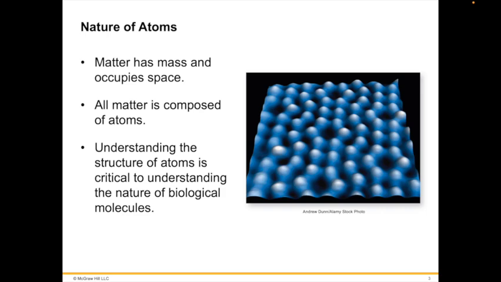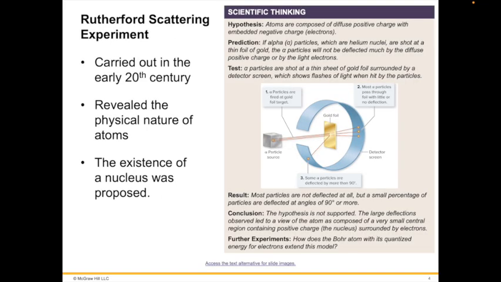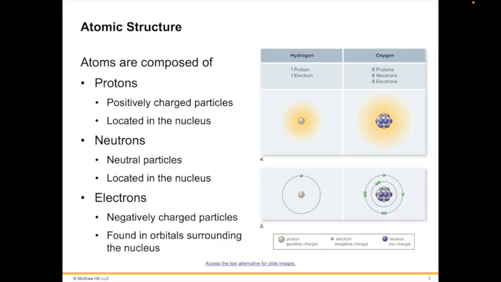At the center of each atom is a small, very dense nucleus formed of 2 kinds of subatomic particles, protons and neutrons. Figure 2.3 shows the basic structure of atoms.